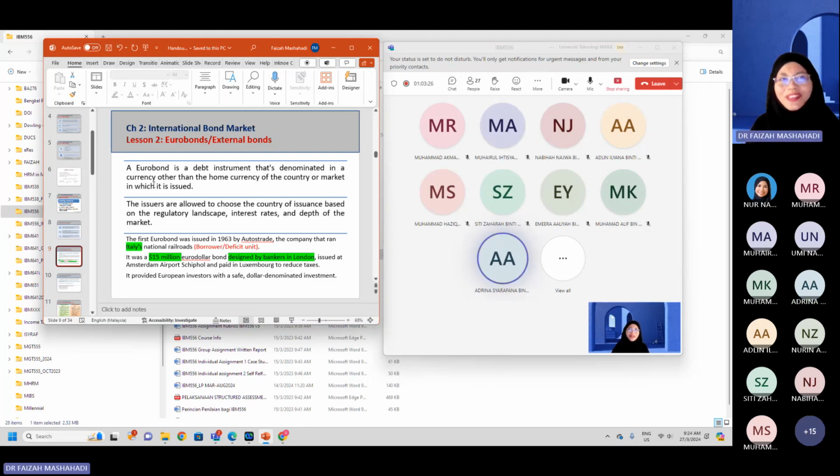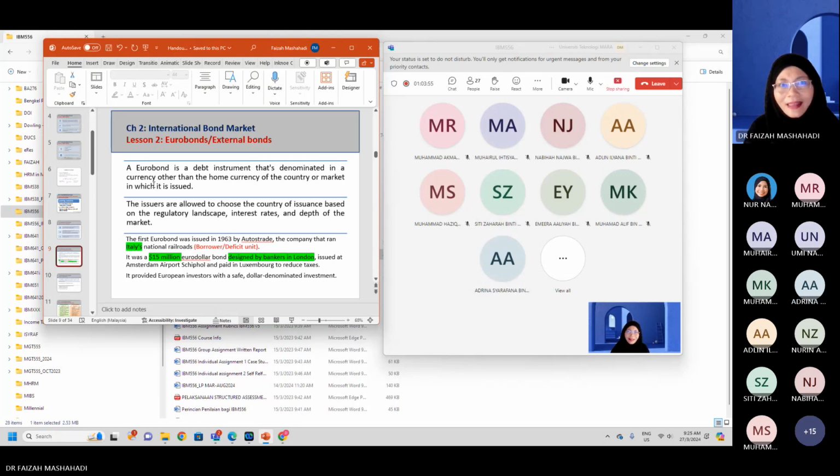Can you please give us the full sentence so that we can understand? Denominated in Singapore dollar and issued in the Singapore bond market.